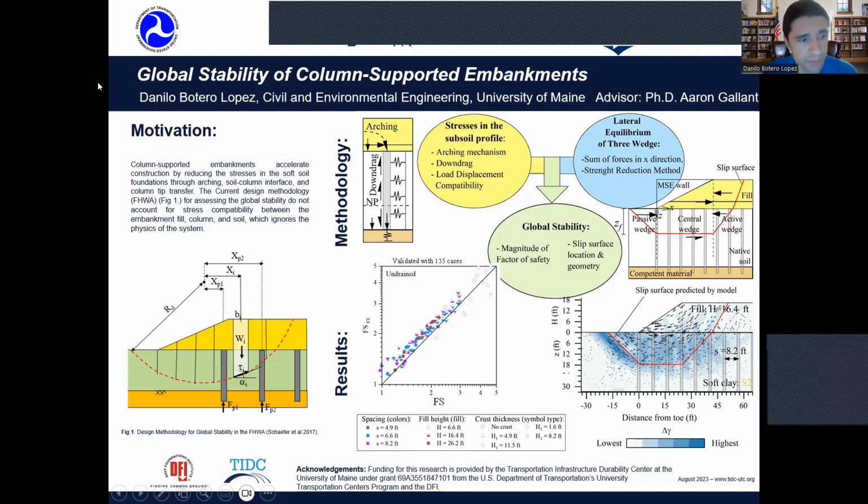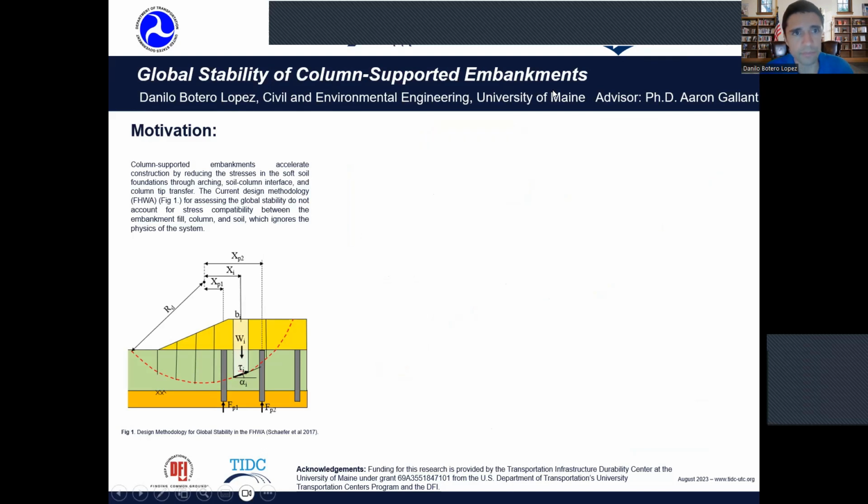So my research topic is called Global Stability of Column Supported Embankments. The motivation is that these columns are very popular because they accelerate construction by reducing stresses in the subsoil. There are some vertical mechanisms that allow this.